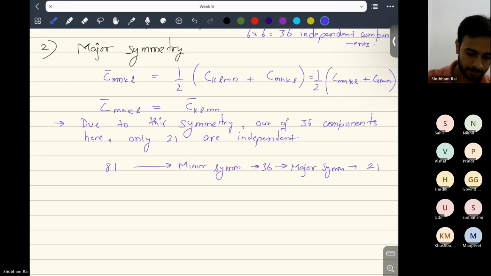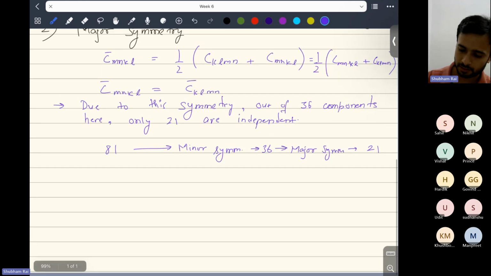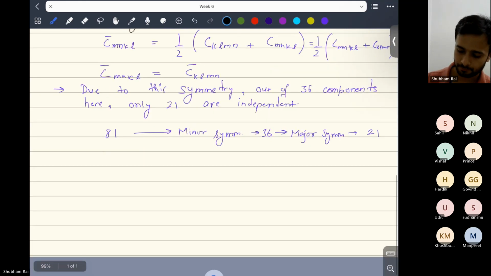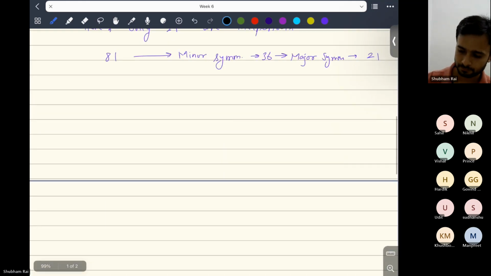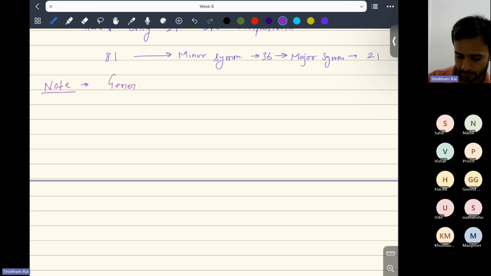Okay. So from here we can conclude, and write a note here, that a general linear elastic material will have a maximum of 21 independent components.